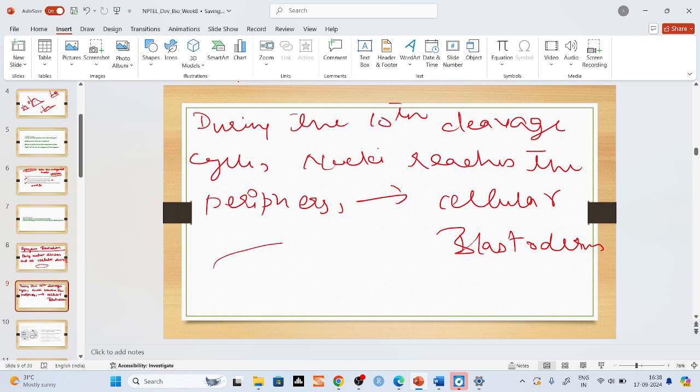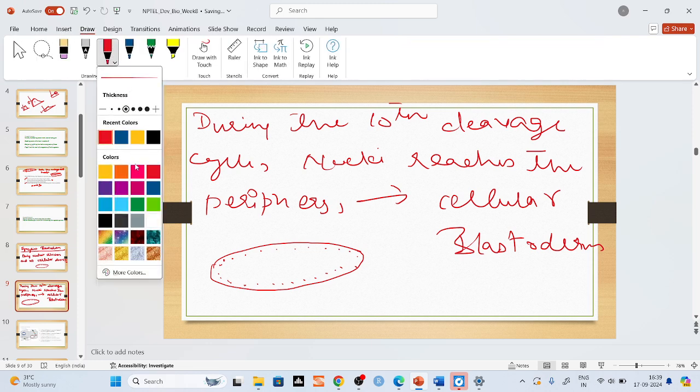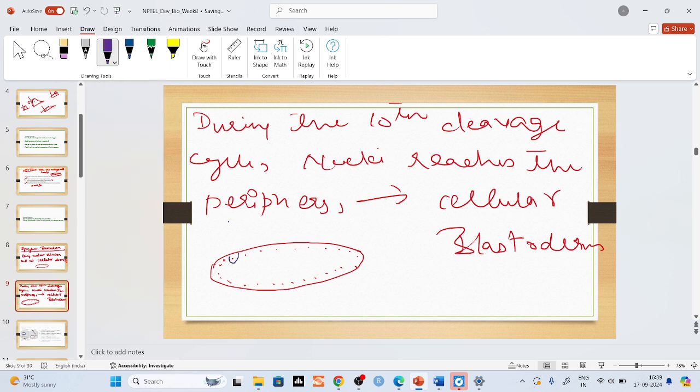So if this is your embryo, and these are your nuclei, earlier the nuclei were dispersed throughout the embryo, and now they reach the periphery, and after reaching the periphery, the cellular membrane around the nucleus forms.